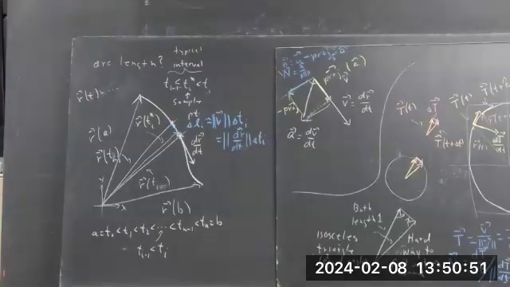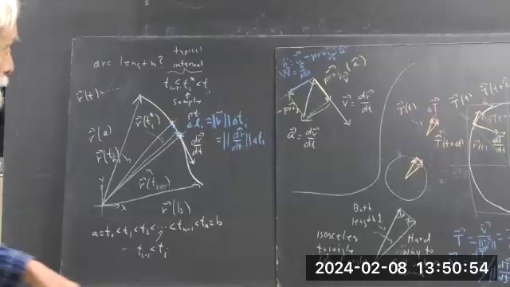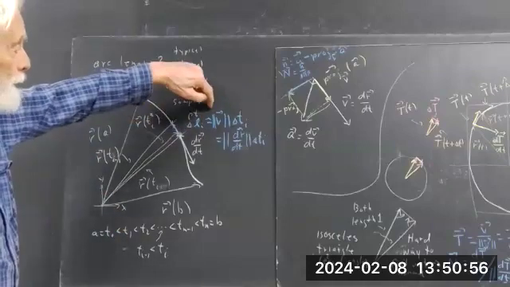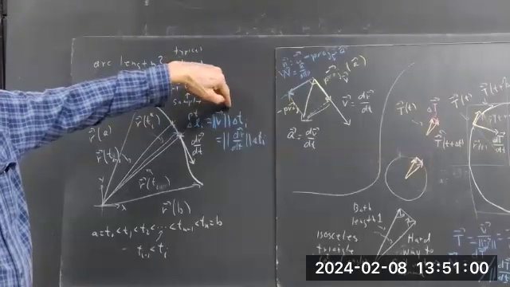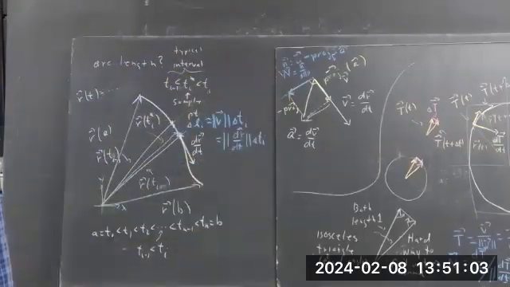That makes sense, because if you multiply your velocity by the time interval, you're going to get the distance.